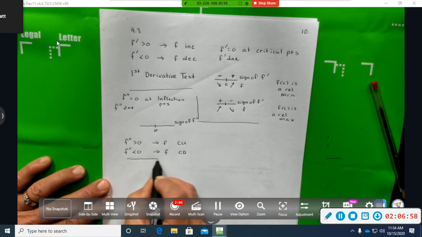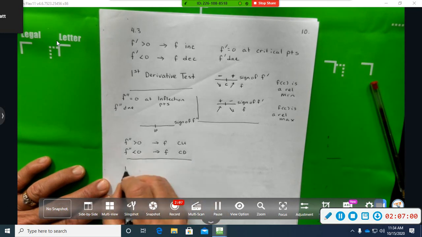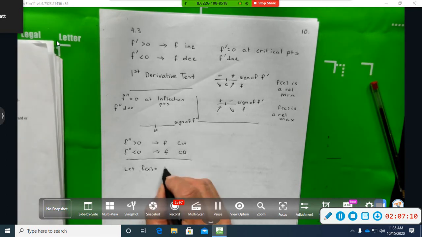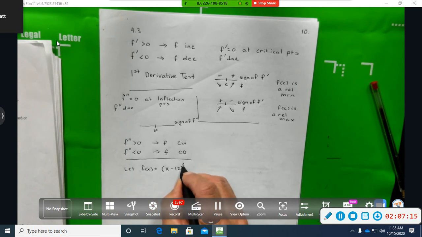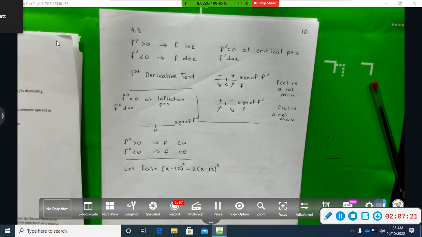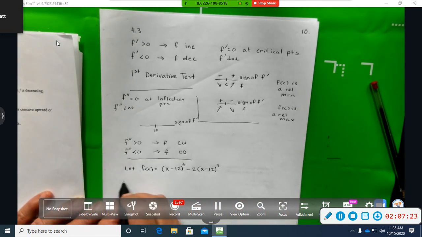So here's our problem. I'm going to let f of x equal (x minus 12) to the 4th power minus 2 times (x minus 12) cubed. And I want you to fill in the blanks here.